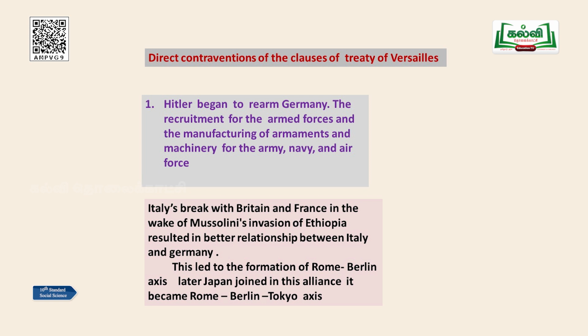Rome, as I said, is the capital of Italy, Berlin the capital of Germany, and Tokyo the capital of Japan. Now these three countries were very aggressive and focused on expanding their boundaries. These three joined together, so they were nearing World War II.